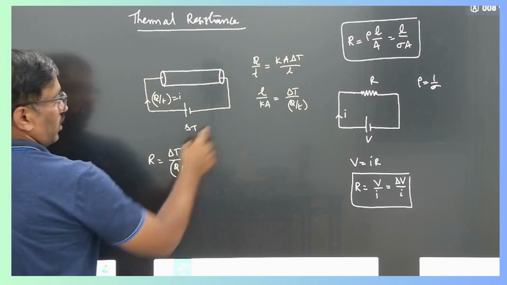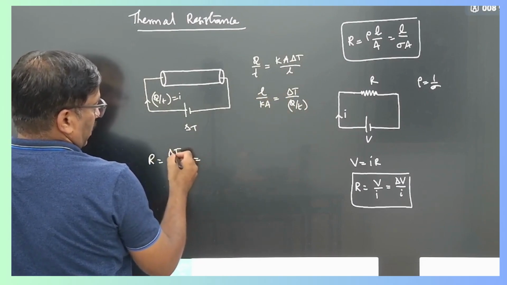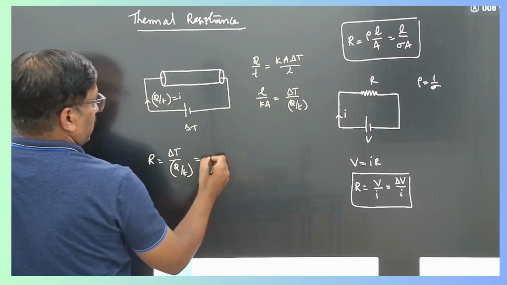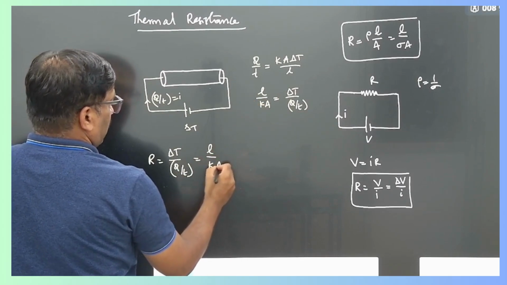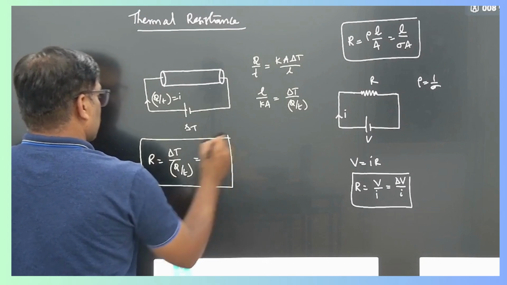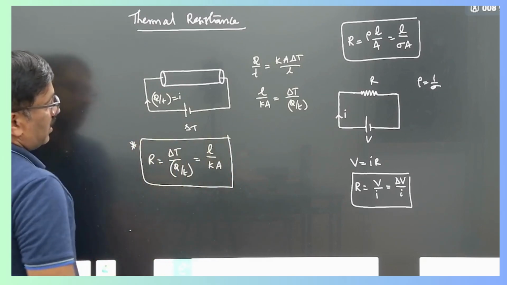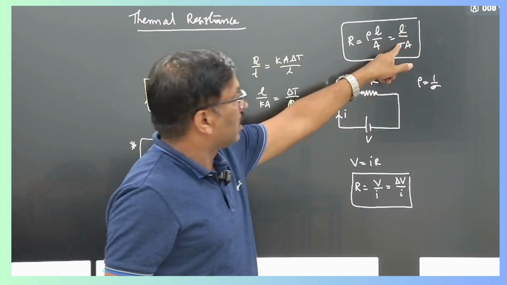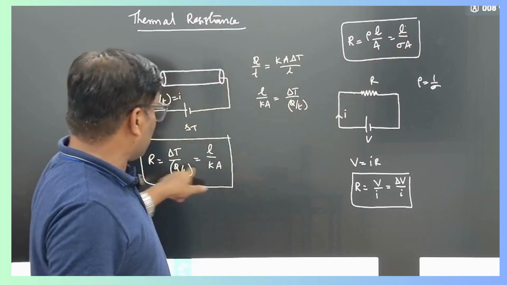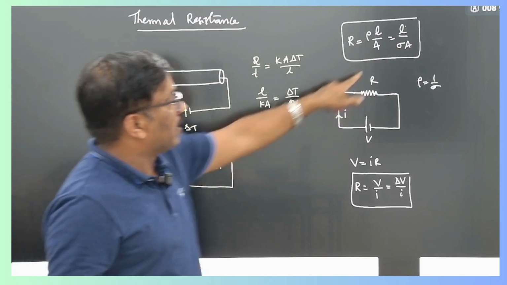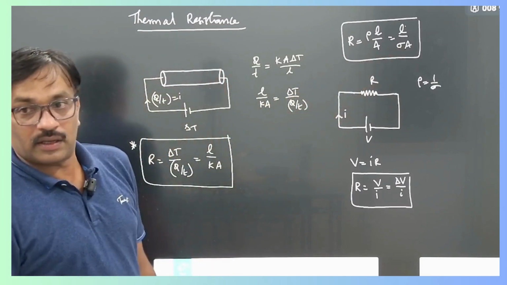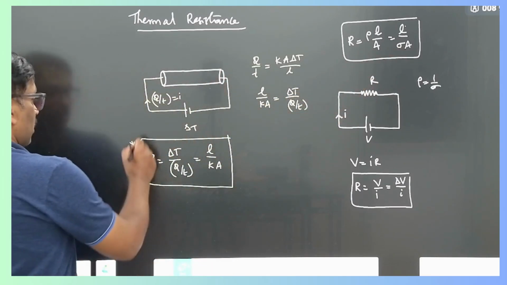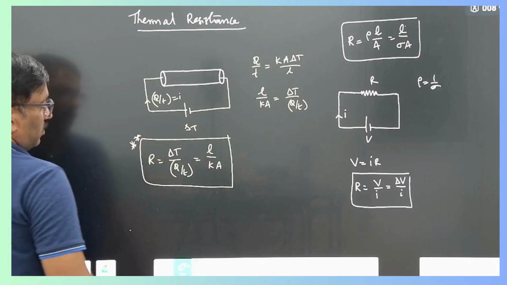So delta T by Q by t is nothing but L by KA. Clear? So therefore the resistance is directly proportional to length, and inversely proportional to thermal conductivity and to area. Clear?